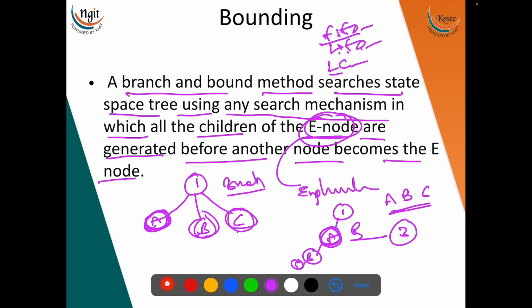Now, a cost function c-hat such that c-hat of X is less than or equal to C of X is used to provide lower bounds on solutions obtainable from any node X. If upper is an upper bound on the cost of a minimum cost solution, then all the live nodes X with c-hat of X greater than upper may be killed, as all answer nodes reachable from X have cost C of X greater than or equal to c-hat of X greater than upper.